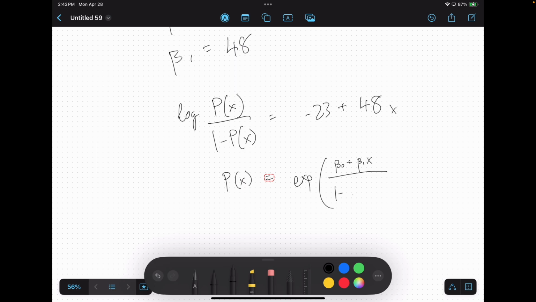So 1 minus beta 0 plus beta 1x. Yeah. So I can plug in my negative 23, my 48, and then whatever value I want for x to calculate the probability of a particular outcome given those coefficients that we solved for and an x as a starting point. Okay.